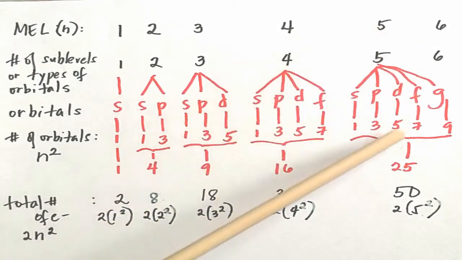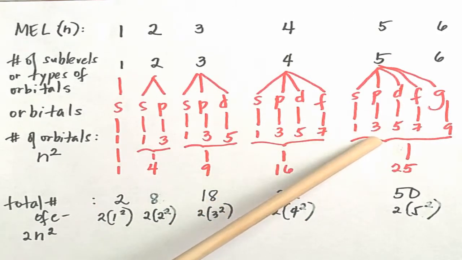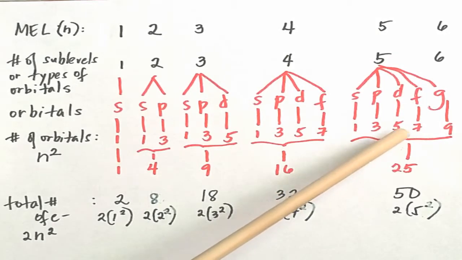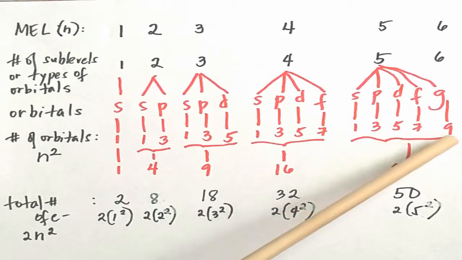And 5 squared is 25. This refers to the 1 s orbital, the 3 p orbitals, the 5 d orbitals, the 7 f orbitals, and the 9 g orbitals.